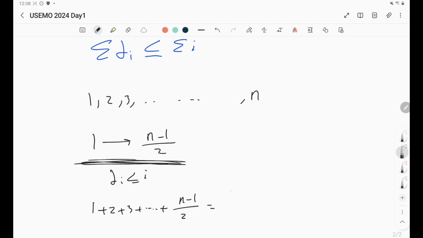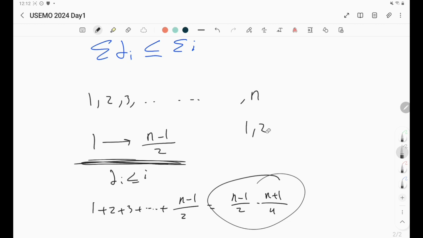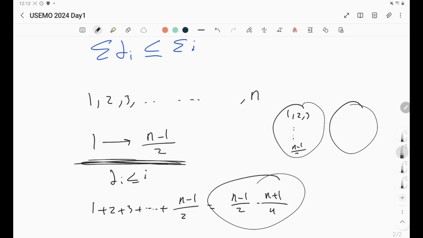Let's evaluate this. It's going to be (n minus 1) divided by 2 times (n plus 1) divided by 4. Okay, now what exactly do these count? These count all the edges that come to these numbers. We have these two sets now. The first one is the small numbers, 1 till (n minus 1) over 2, and the second is (n plus 1) over 2, and so on till n itself.